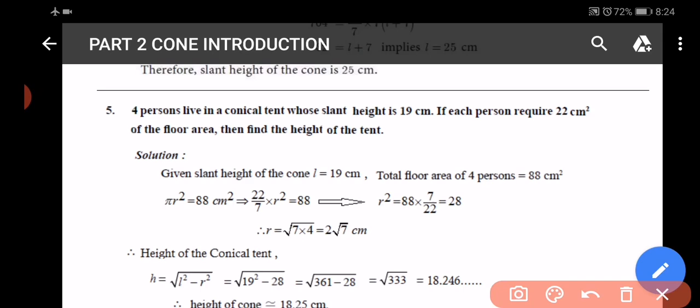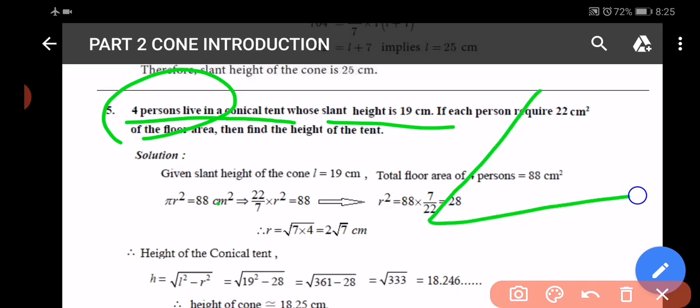So look at the sum. 4 persons live in the conical tent. So in the last sum we want to find the height of the conical tent. In the sum, in the conical tent 4 persons live, whose slant height is 19 centimeter.